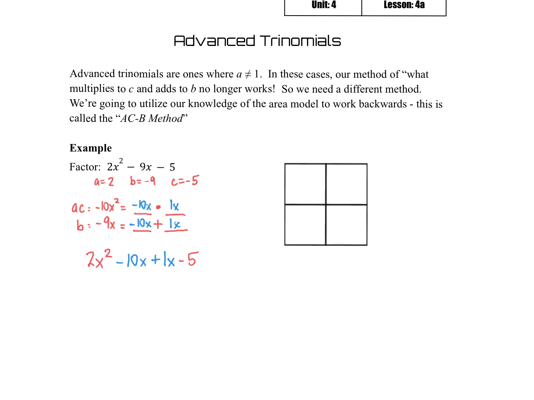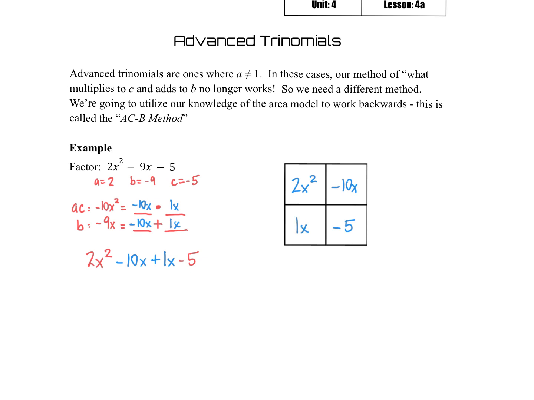So we're going to take these four terms. 2x squared always goes in the upper left. The first term goes in the upper left. The last term goes in the lower right, -5. And these two terms get filled in the box, either spot. So I'm going to put the -10x here. I'm going to put the +1x here.